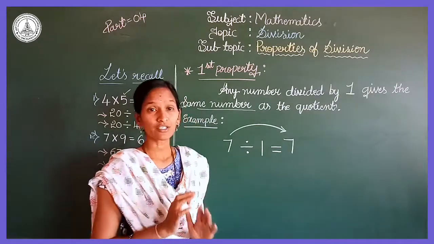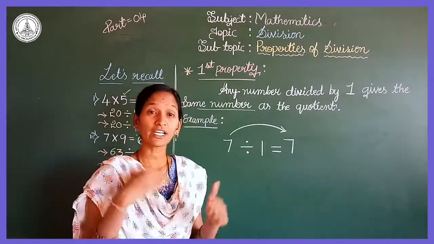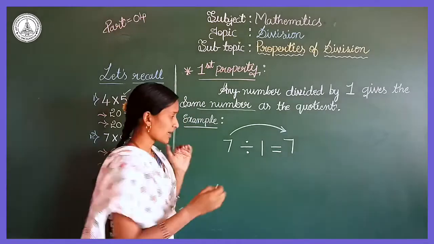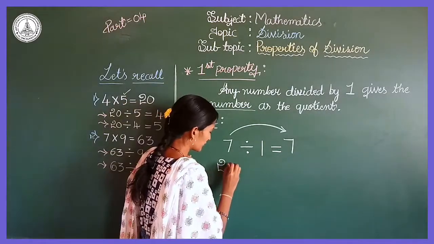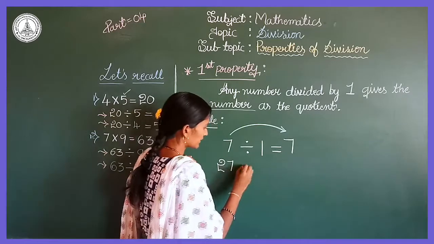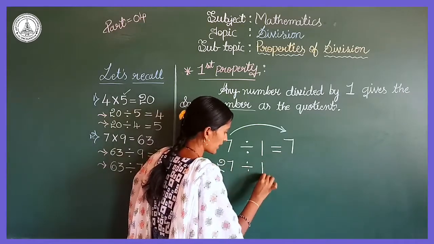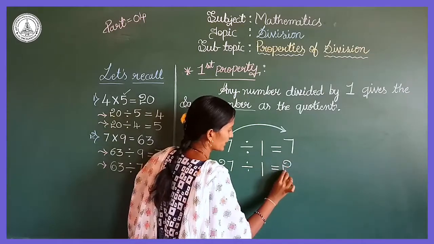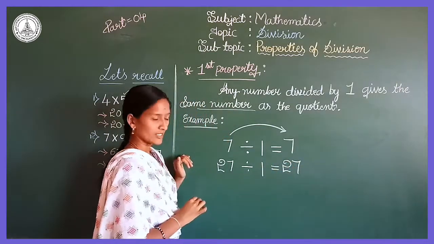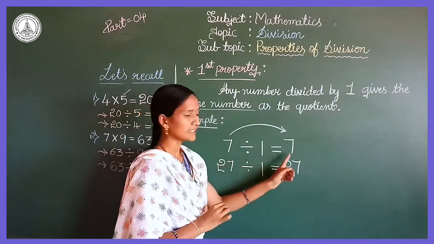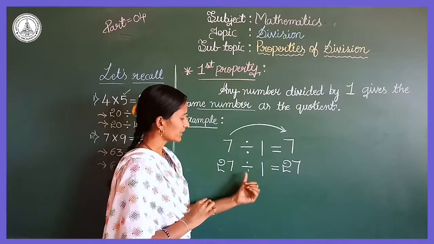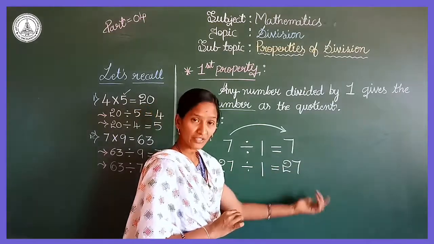So my dear students, not only 7, you can take any number. For example, I am taking 27 here. 27 divided by 1 is equal to again 27. 7 divided by 1 is equal to 7. 27 divided by 1 is equal to 27.